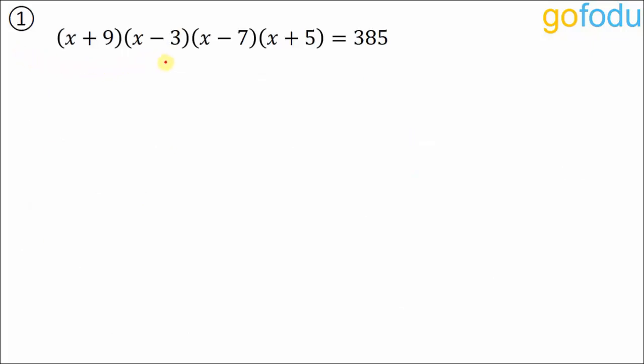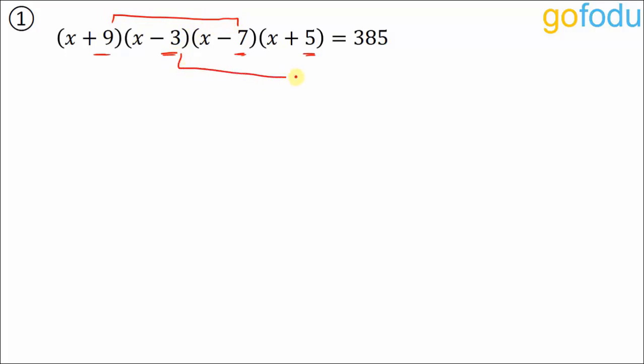An interesting thing about this equation is that you have to focus on these constant terms which are getting added. Try to make pairs of constants which when added give the same number. Like 9 and minus 7, which when added will give 2.